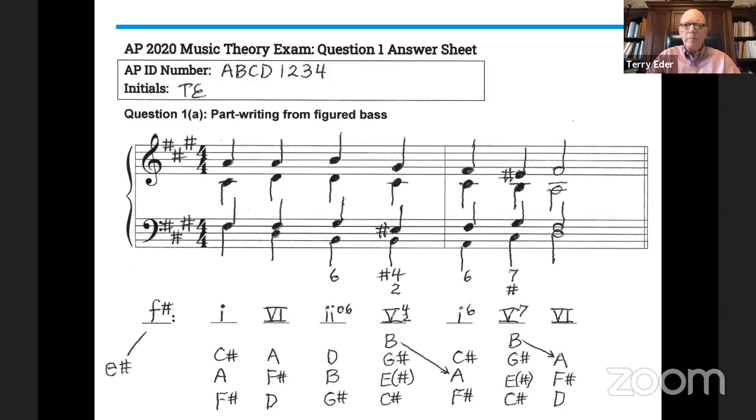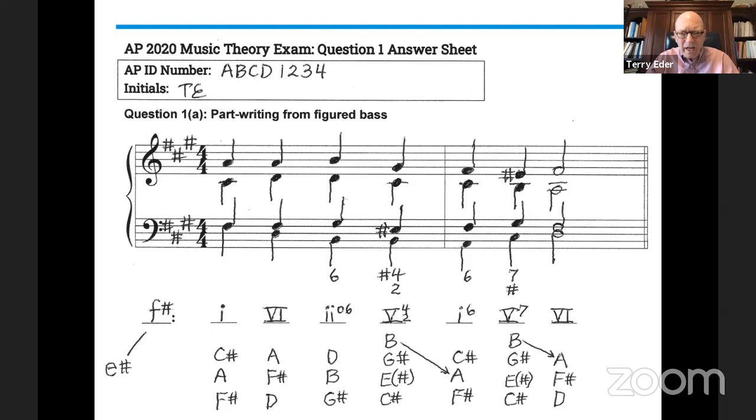Okay, the next step, of course, is to write in the other two voices. And in this particular case, you can see that they worked out really quite well with that soprano line and going along with that bass line, because they are conjunct.